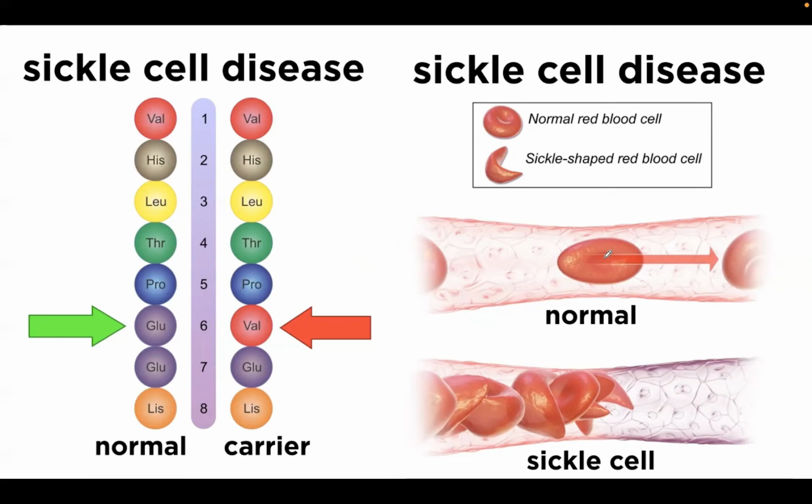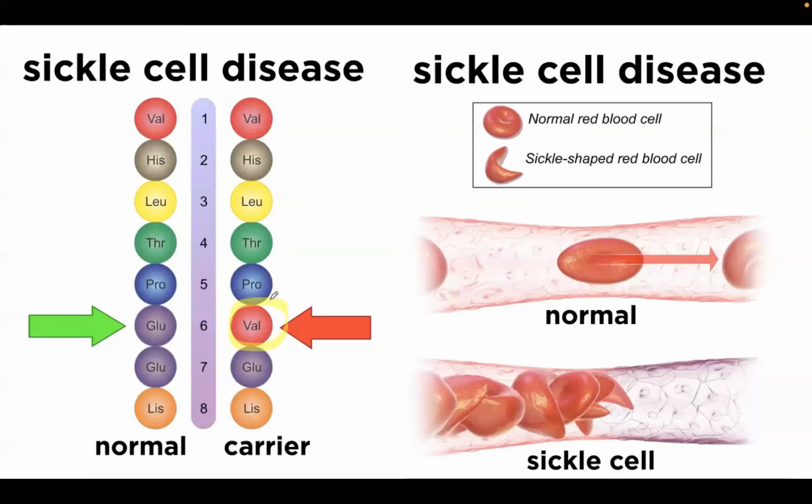Meron bang na doble? Meron bang na triple dun sa structure? When we say sickle cell disease, meron siyang mutation doon sa specific amino acid. So sabi nga po natin, mahalaga yung sequence ng isang amino acid, mahalaga yung sequence ng isang DNA doon sa kanyang structure.